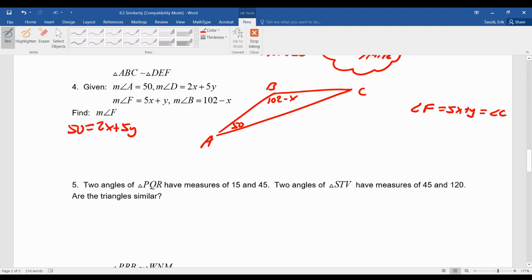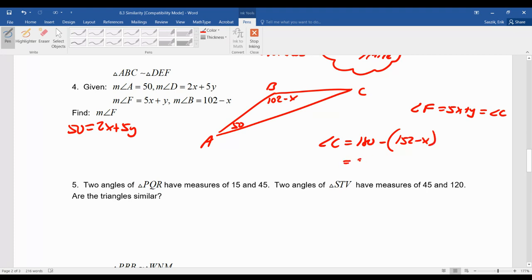So here we know that this is the same thing as angle C, but we can figure out angle C in other terms. In other words, add these two things together. That would be 152 minus x. We know that angle C has to be 180 minus this. Okay, let me erase that. Angle C equals 180 minus this sum, which I'm going to write in parentheses, 152 minus x.